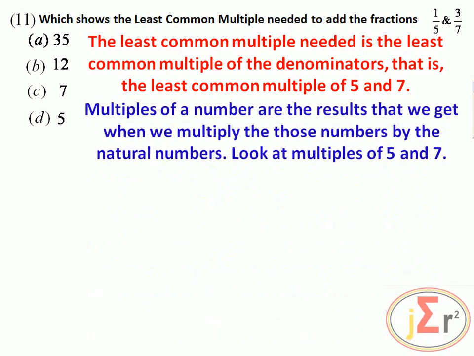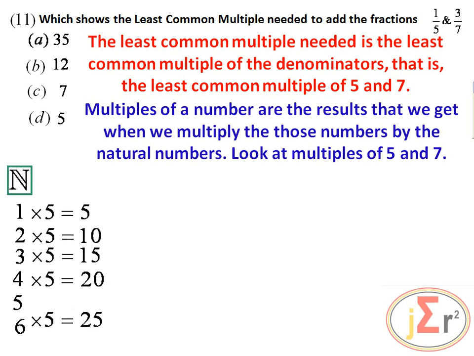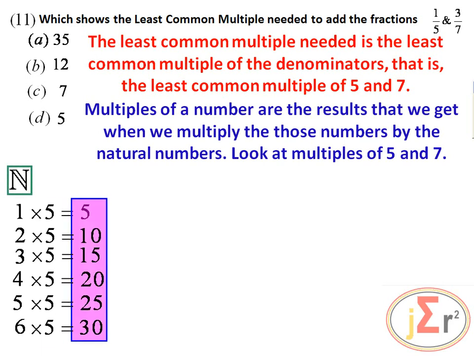Multiples of a number are the results that we get when we multiply those numbers by the natural numbers. Look at multiples of 5 and 7. That's what we are going to do now. So, multiples of 5 are what we get when we multiply 5 by natural numbers.